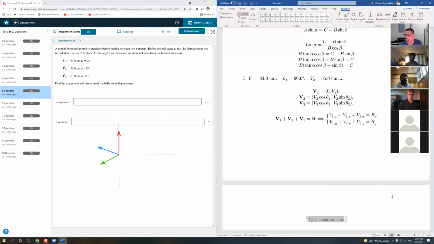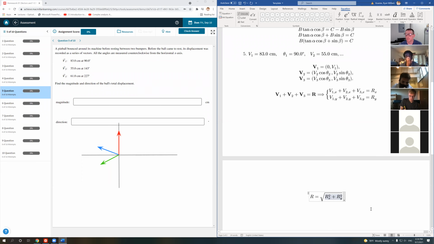And we just want to remember that the magnitude is given by the square root, and this is just the Pythagorean theorem, of the sum of the squares of the components. And then we can figure out what the angle is by using arctan.